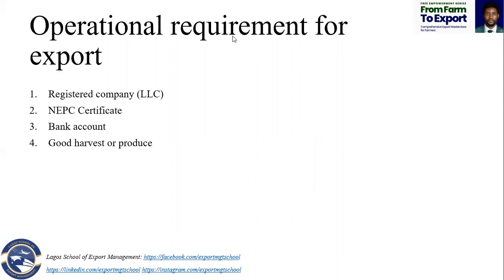That NXP form is just like when you fill a form that says I want to export this commodity to this country. The CBN will give you a code. That code is what the CBN will use to track that there was a time, maybe 3 months ago, 6 months ago, last month, you exported products worth $5,000, $20,000, $100,000, $1 million, from the shores of Nigeria.